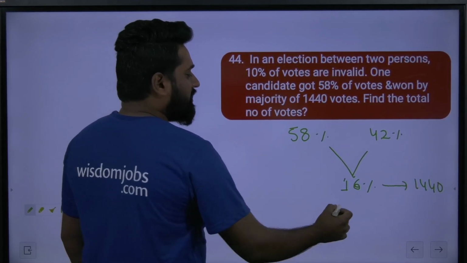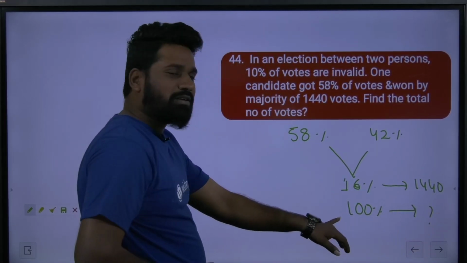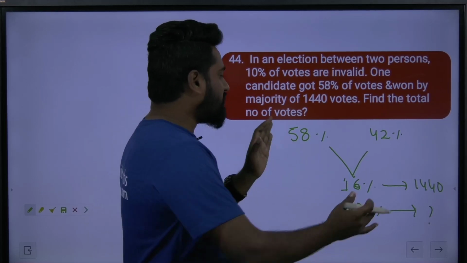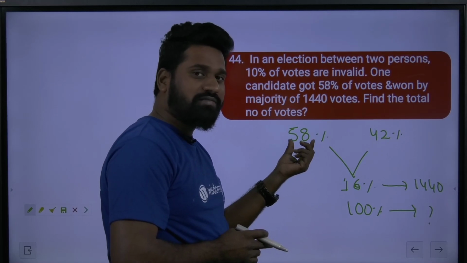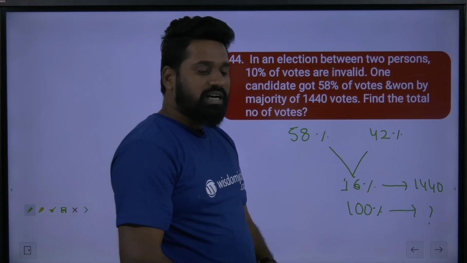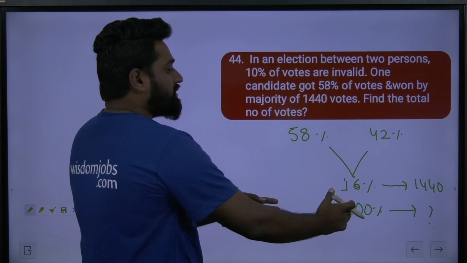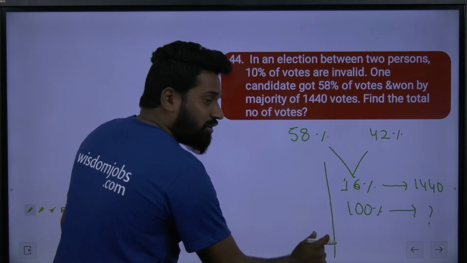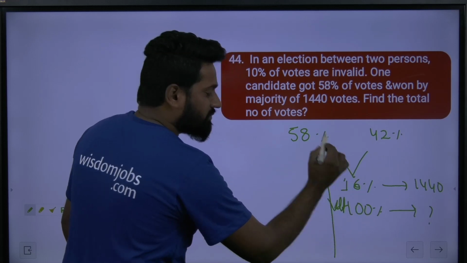Now we find what is the total number of this 100. I am finding these votes are what? Valid votes only, because we are counting here 58%, 42% means valid votes are taken as 100%. Is it clear? So 100% value becomes how much? This we are counting only valid votes. Remember this one. This is valid votes.